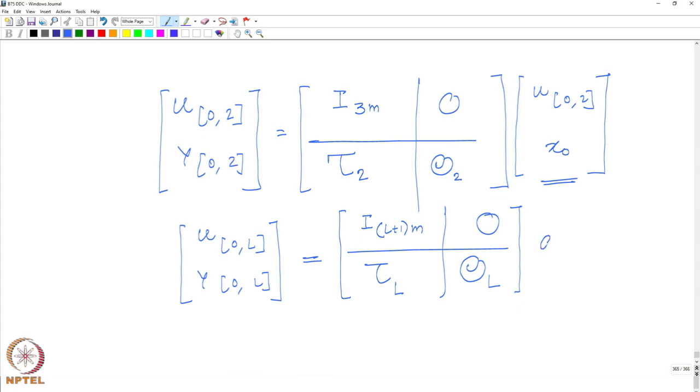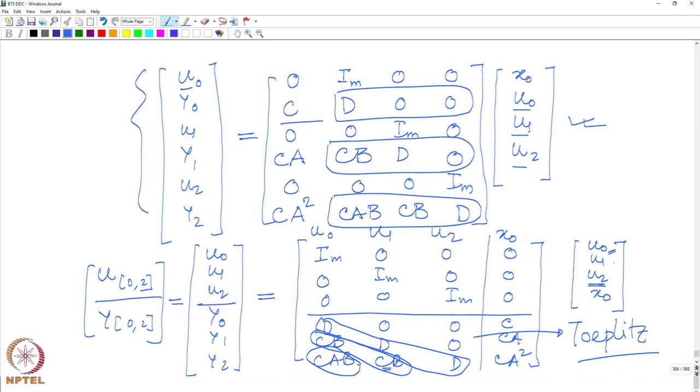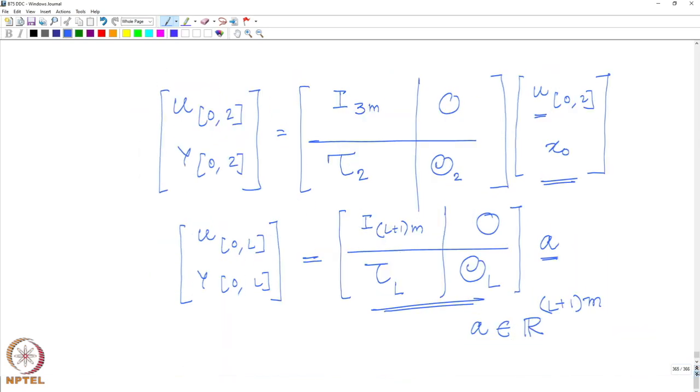Let me write A for it. If I want data driven simulation, I just need to know this matrix and this A of size L plus 1 times m plus n, because x 0 is arbitrary.